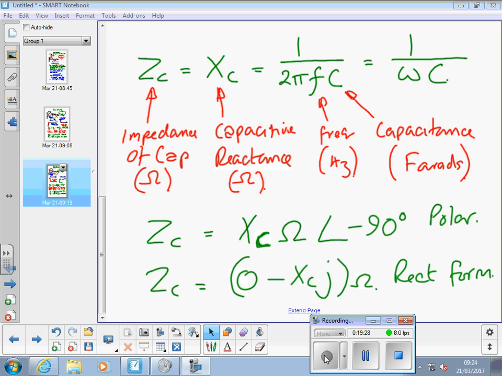Okay, everyone happy with that? So those are the 3 different types of components that we're going to focus on in terms of carrying out AC analysis. Yeah? Right, everyone got everything down?